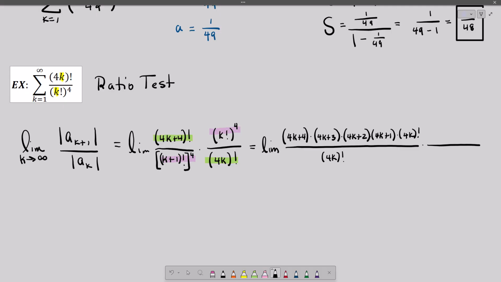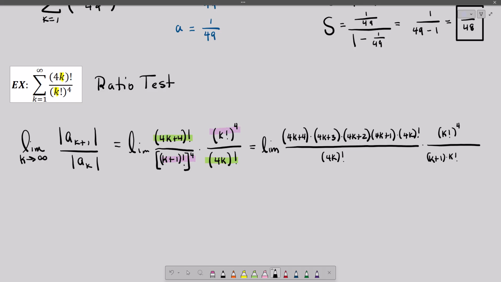So the pink stuff, in the numerator, we just have k factorial quantity to the 4th. Down below, we can do our k plus 1 factorial as k plus 1 multiplied by k factorial. That part? All right, so k plus 1, say again? Will both of them be to the 4th? Yes, and so then we're going to have to distribute that 4th power.